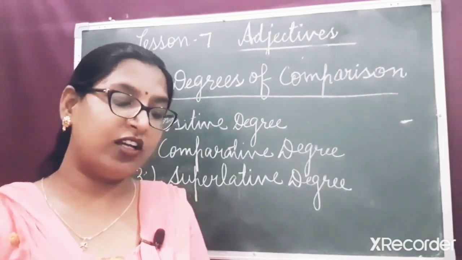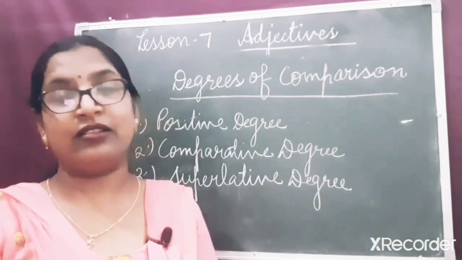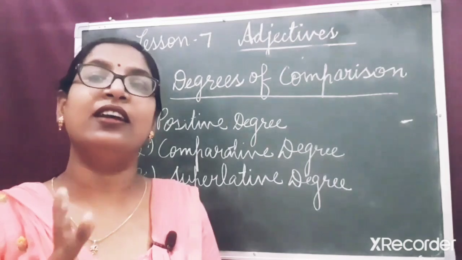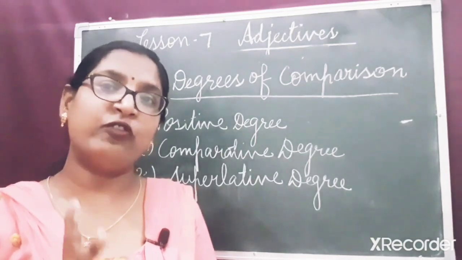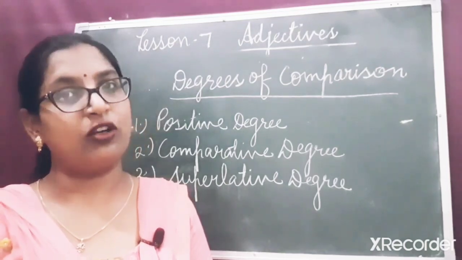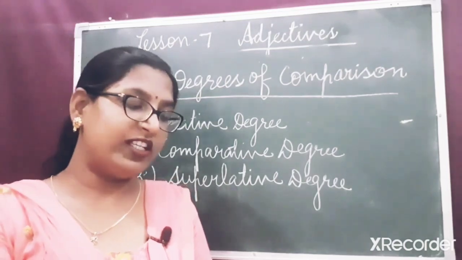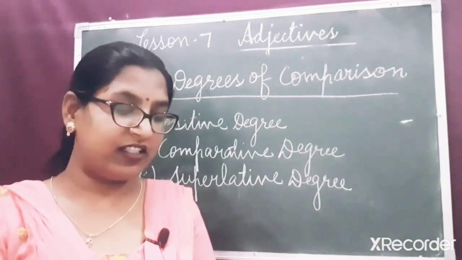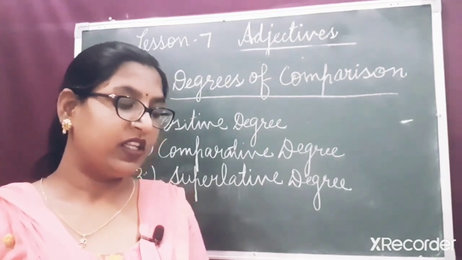When we make comparison between two things or persons, two nouns, we say the adjective is in comparative degree.